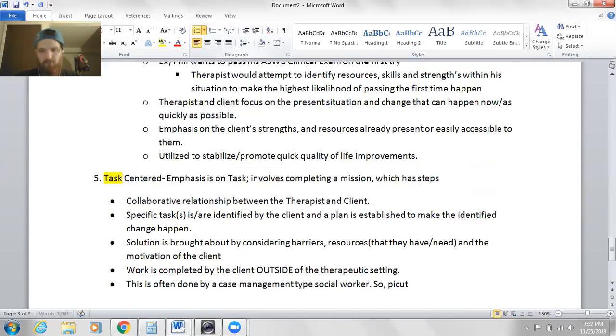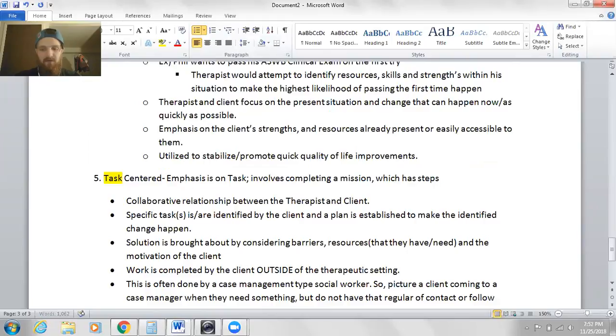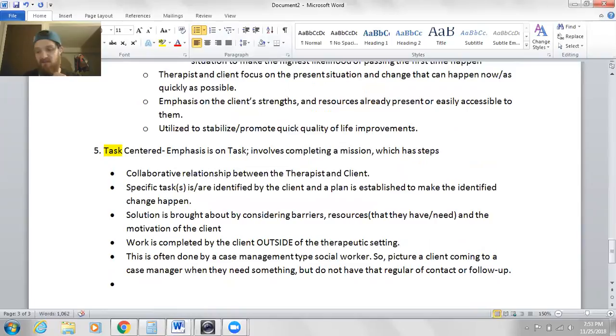So picture a client coming to a case manager when they need something but do not have that regular contact or follow-up. Or they might, depending on the type of setting. But for the simplicity of this, it's more of a case management.